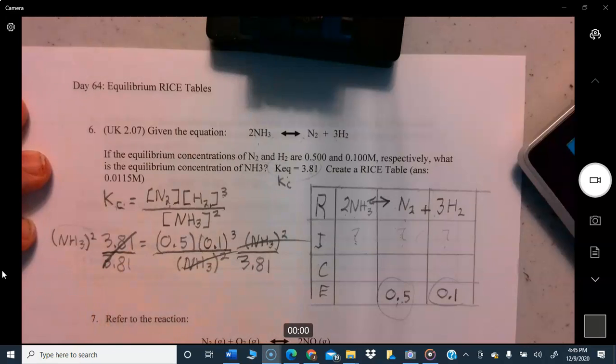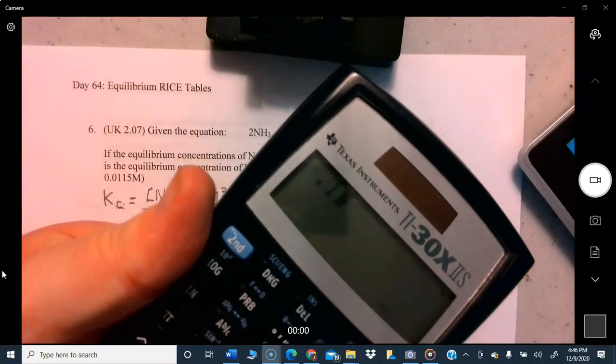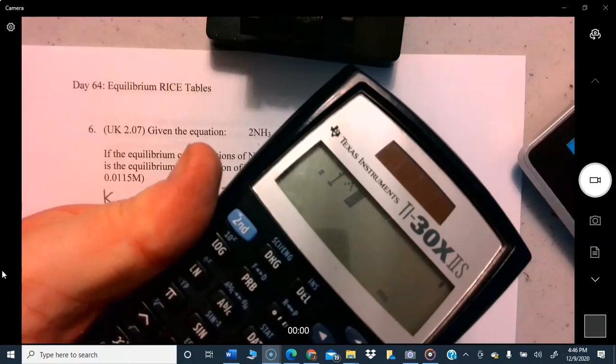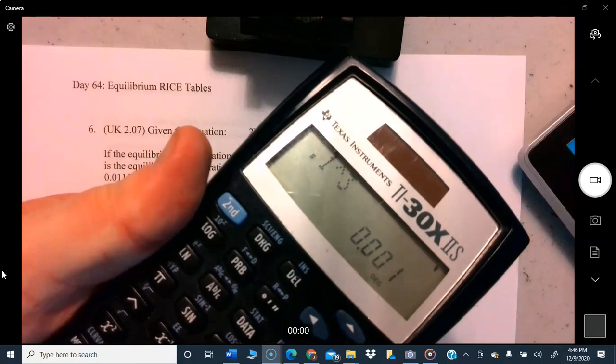This cancels. So it's 0.5 times 0.1 cubed, right? Yeah. It's 0.5 times 0.1 cubed divided by 3.81. I always like to do powers first, but the calculator knows PEMDAS. It will do the power first, but I like to do it first just to be sure I get it done. So 0.1 caret 3, that's 0.1 cubed, gives us 0.001.